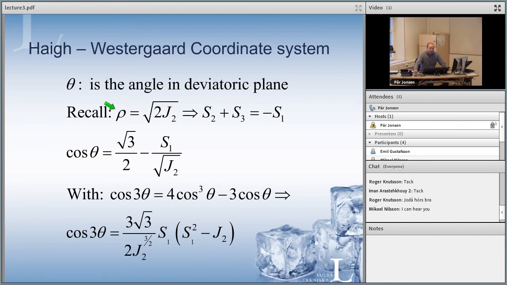We will find a relation for cos theta in the deviatoric plane. And this is a well-known trigonometric equation. If we use this one, put this relation in, we will find that cos 3 theta will have this relation.